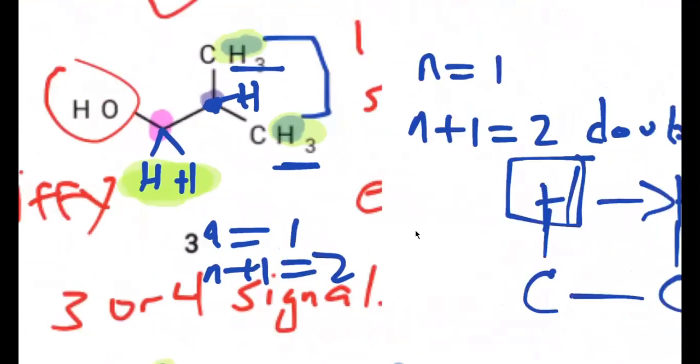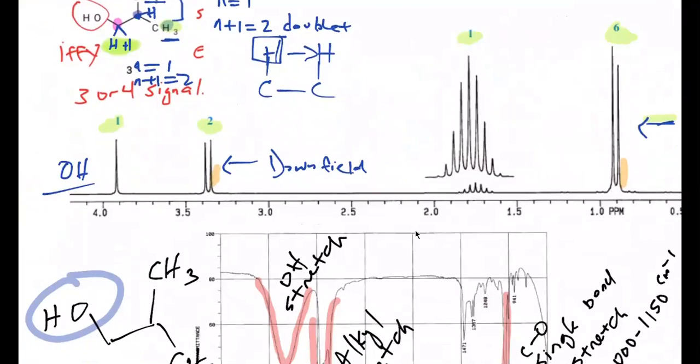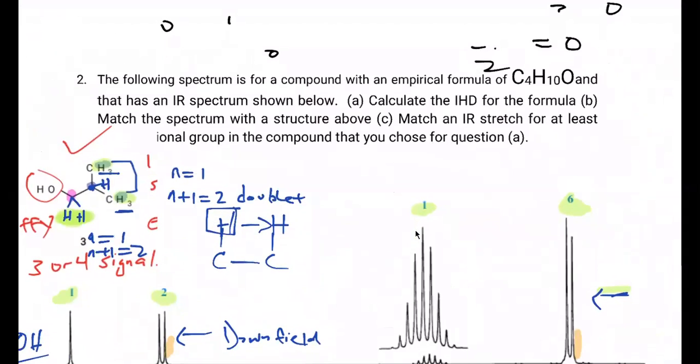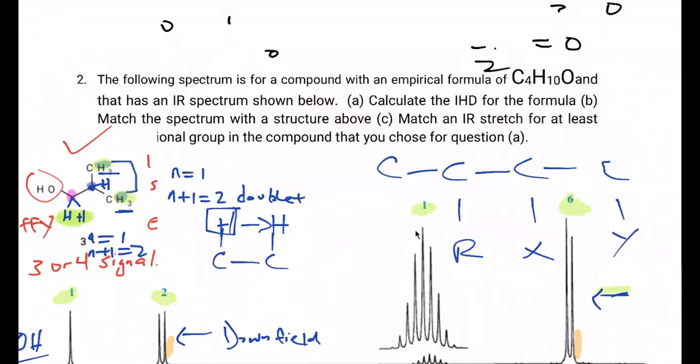Let me see if I can illustrate it. Let's say I got a 4-carbon chain, and it's just got a bunch of different functional groups. And then you got hydrogens here, here, here, and then here. So all of these are different. That's why I put different letters, R, X, Y, B, A, whatever.